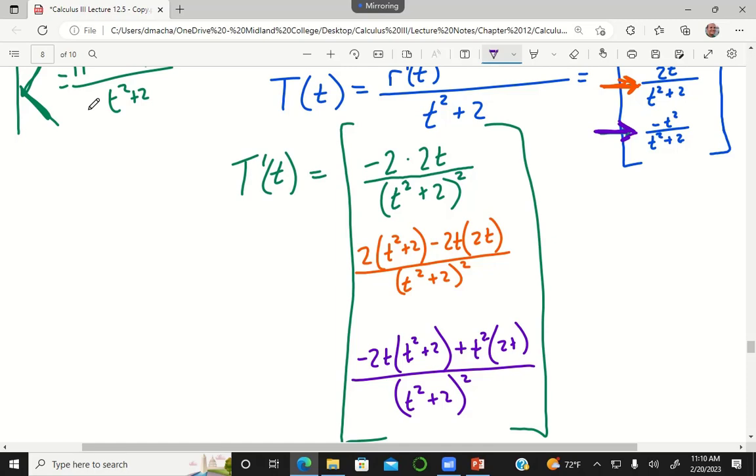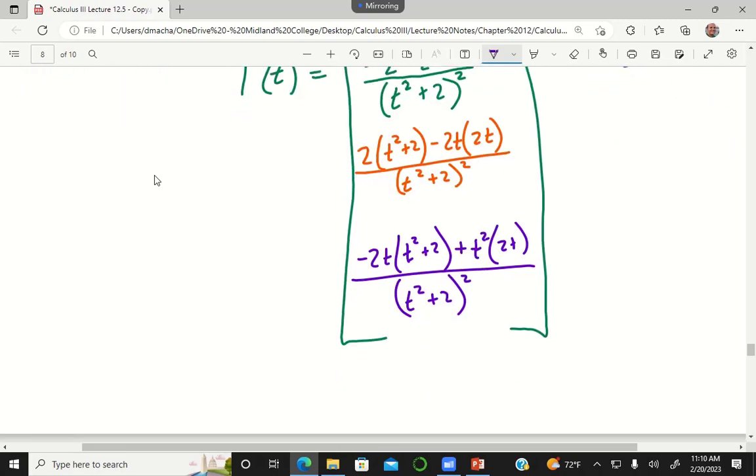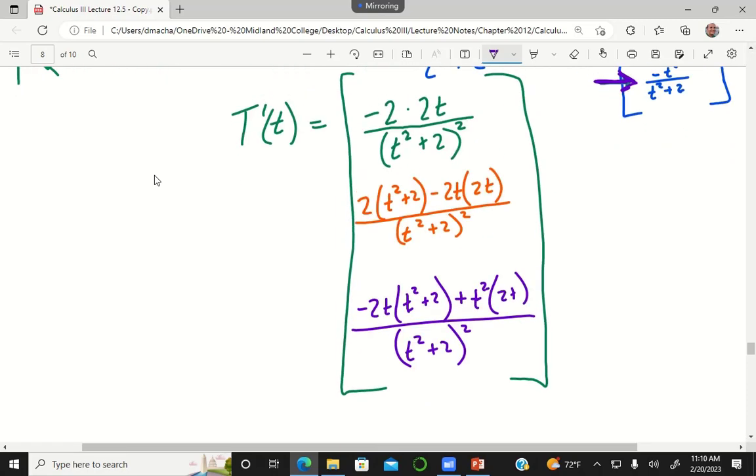And again, for the numerator of my curvature formula, what I need is the norm of T prime of t. So the norm means you square everything, and then you add them all together, and then you take the square root. So this is going to get really big and ugly, but let me write over here.